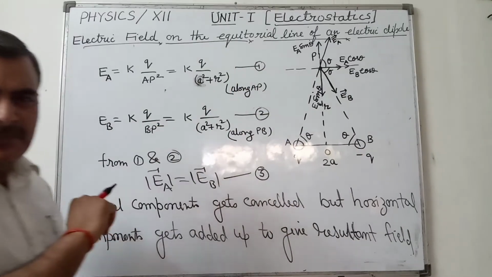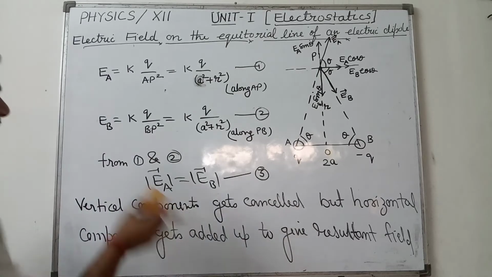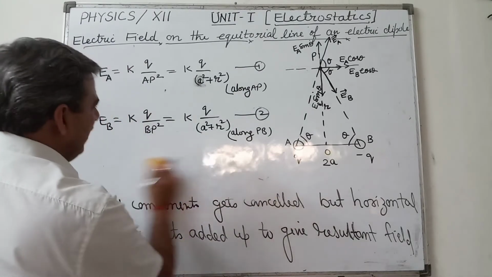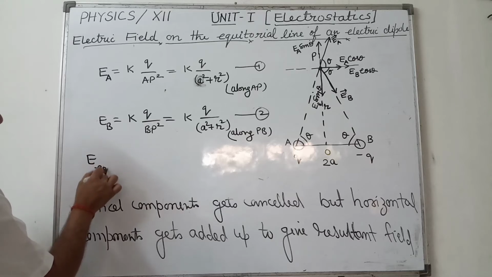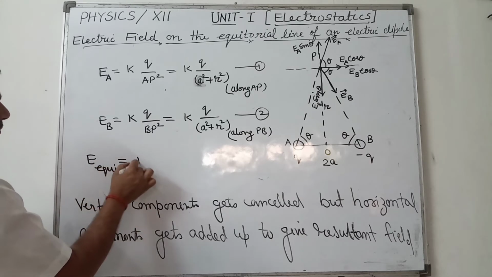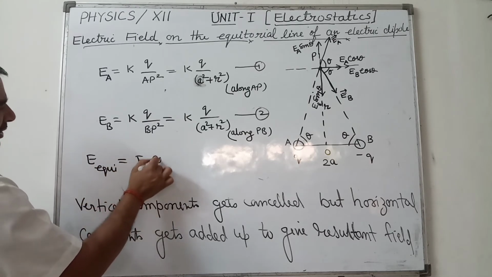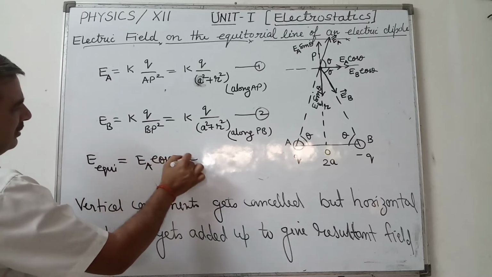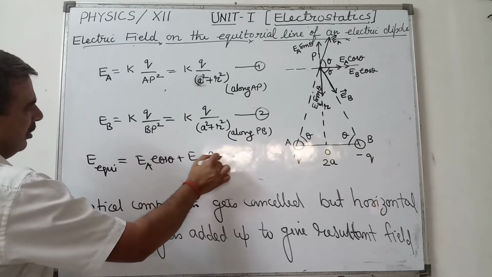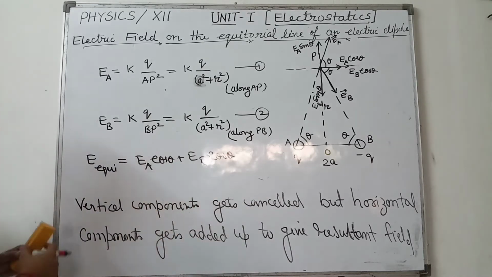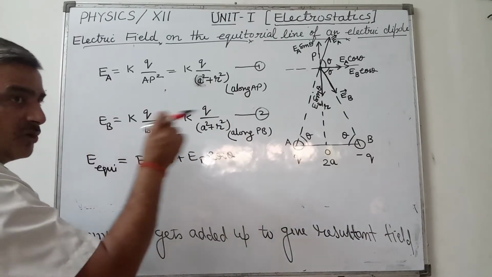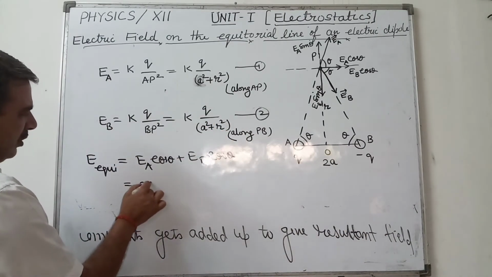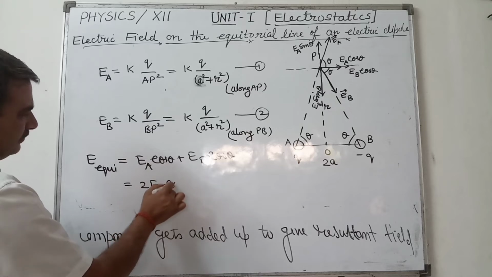So how can you write after adding these two? You can have E equatorial equals EA cos theta plus EB cos theta. But from equation third, you have EA equals EB. So you can write this as twice EA cos theta.